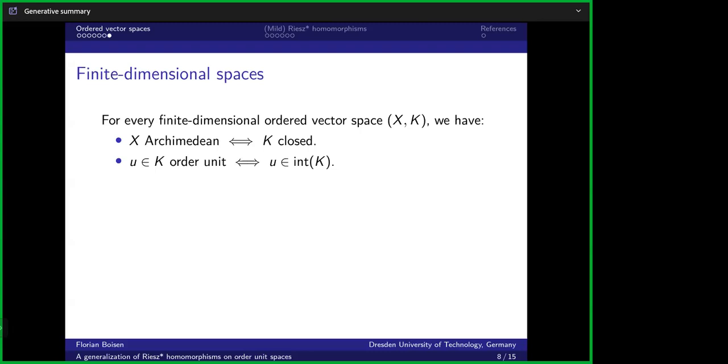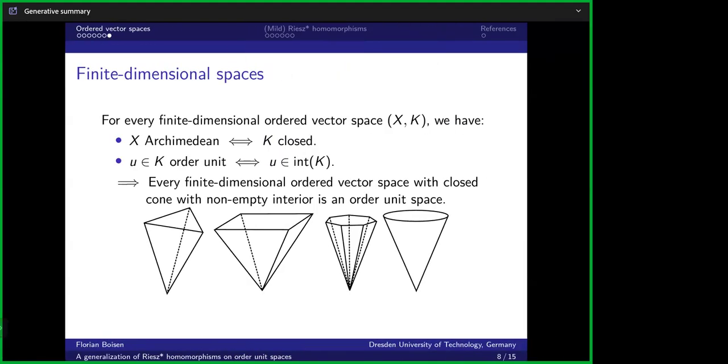Now I want to explain to you what these order unit spaces look like, at least for finite-dimensional spaces. Here one can show that the space is Archimedean if and only if the cone is closed, and the order units are precisely the interior points of the cone. So this means if your cone is closed and has non-empty interior, you have an order unit space and thus a pre-Riesz space.